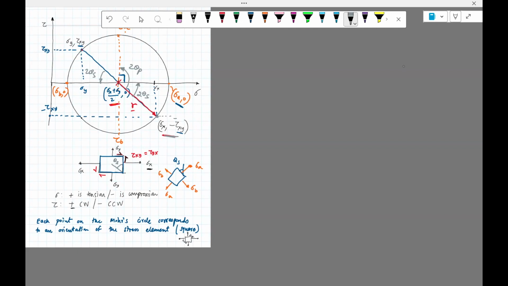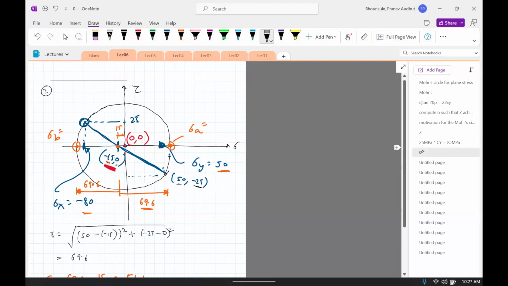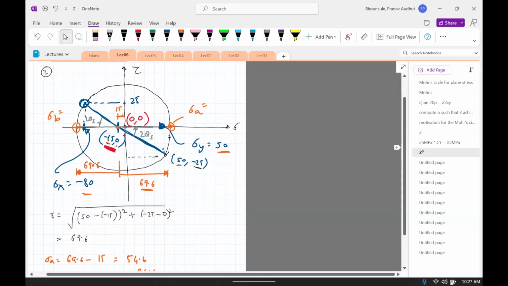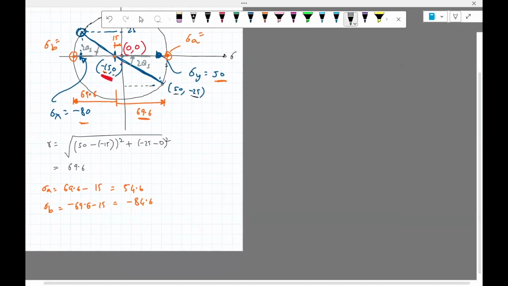So we could go back. So remember, it's the angle between the x-axis and then the diameter which we drew. It's the angle between the x-axis and the diagonal we drew. So it could be either this or it could be this. So I'm just redrawing it here so that there's less clutter.